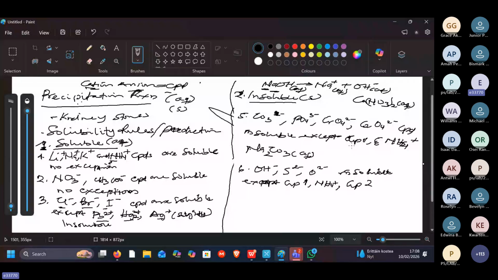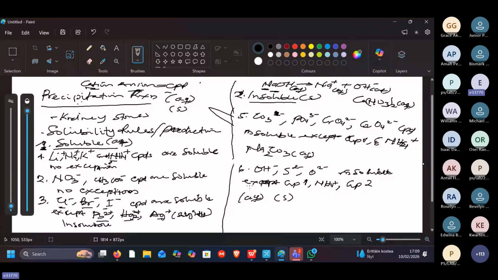So we can group them into 2, where we have those that will form soluble compounds. If I say soluble, it means it's going to be aqueous, and if I say insoluble, it means it's going to be solid. Now, how do I know that a compound can be soluble, that is, aqueous?